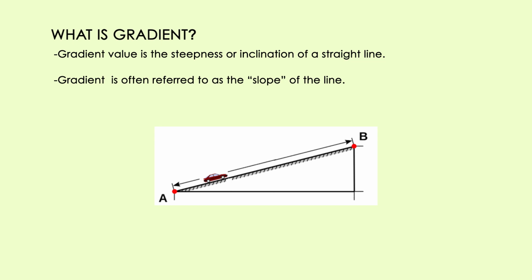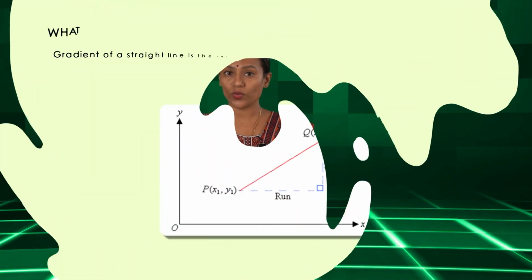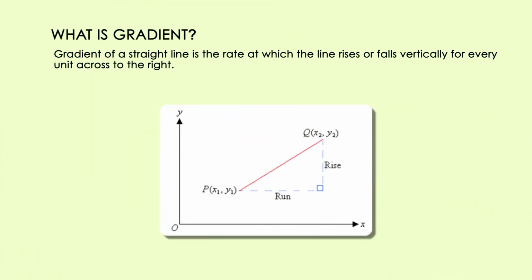For example, like the path the car uses to move from A to B. Gradient of a straight line is also the rate at which the line rises or falls vertically for every unit run or across to the right. You can observe this from the diagram where the rise represents the changes vertically and run for the horizontal changes.